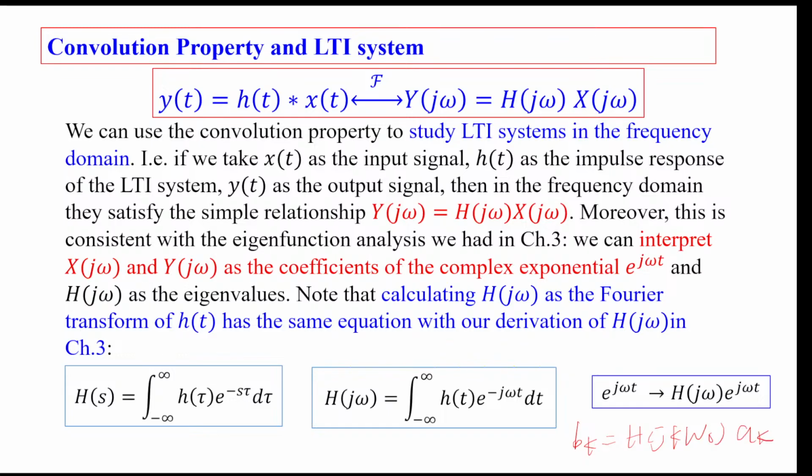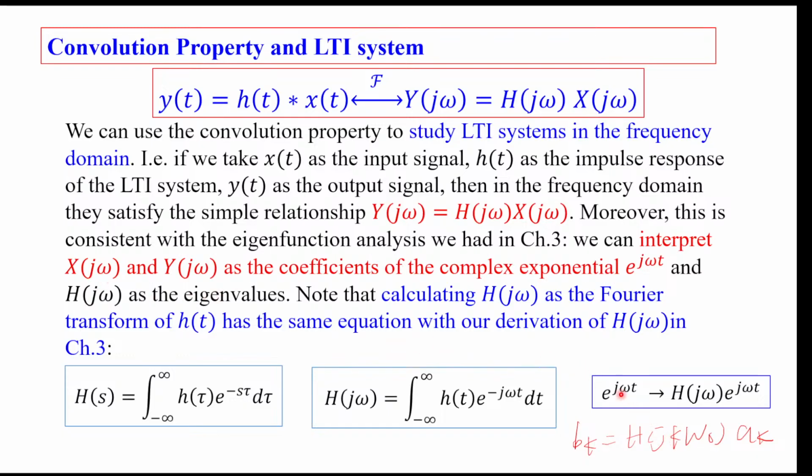This is what we had in chapter 3, but now we are in chapter 4, and our spectrum is not discrete on just those discrete K omega naught. In chapter 3, because our signal is periodic with this fundamental frequency omega naught, we only have frequency components on K omega naught.